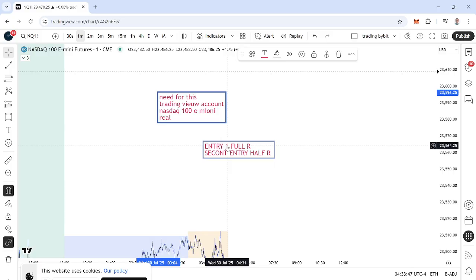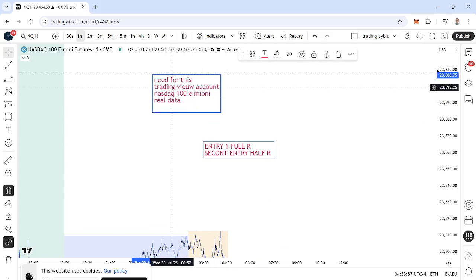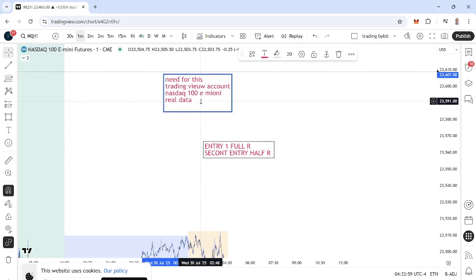You need real data. For backtesting you don't need real data, but to trade it you do. The only thing is that this is year-based payment and that's monthly-based payment, so I can't skip that. That's something you will have to invest in yourself if you want to trade this model. You need an indicator, and that is Trading Session.